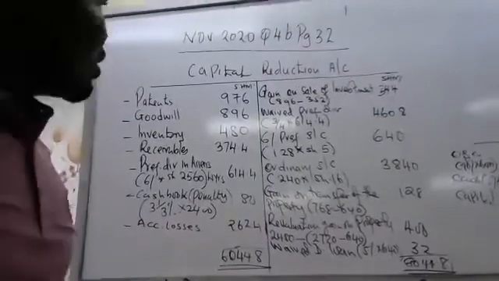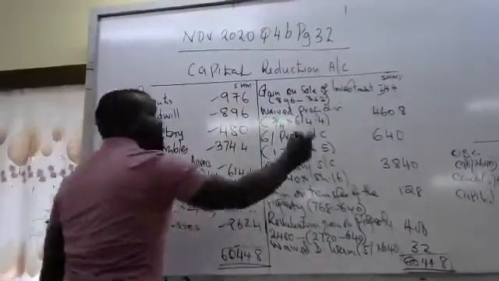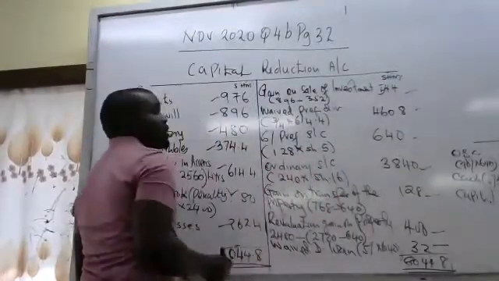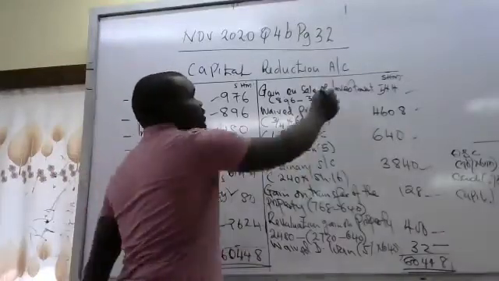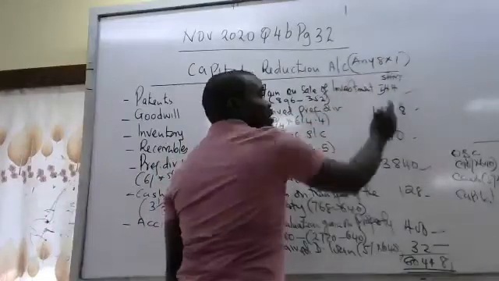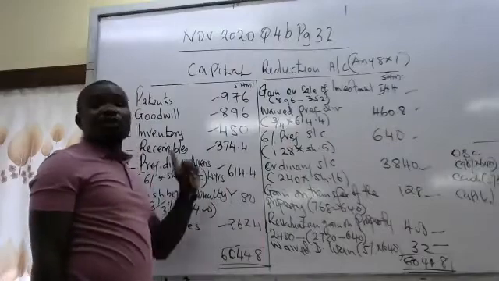So now check here. This is 8 months. 1, 2, 3, 4, 5, 6, 7, 8, 9, 10, 11, 12, 13, 14. I think it's 16. So this one is any 8. So let me tell you what people will get.